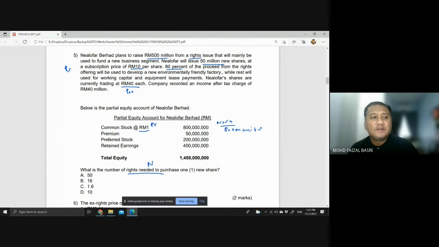Ni topik stock yang ada stock dividend, stock split dengan stock right. So ni yang stock right, so yang last sekali.